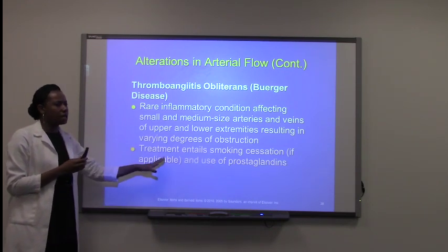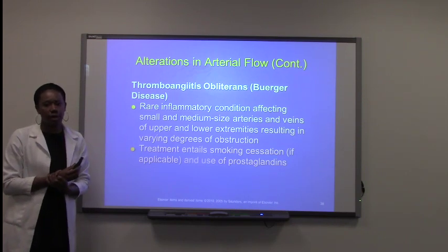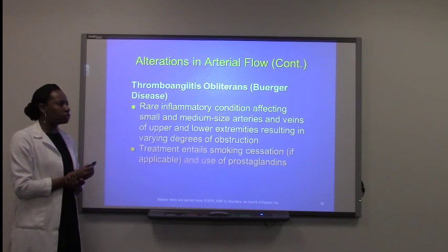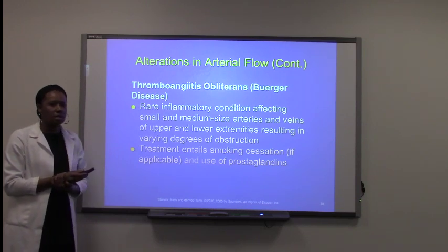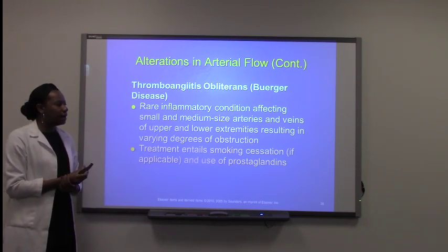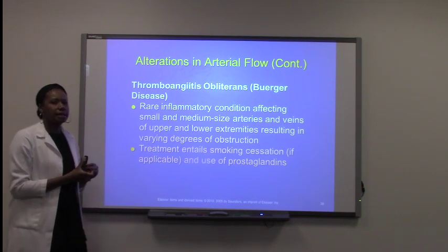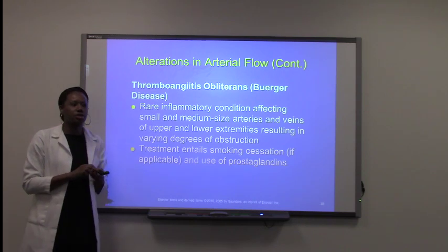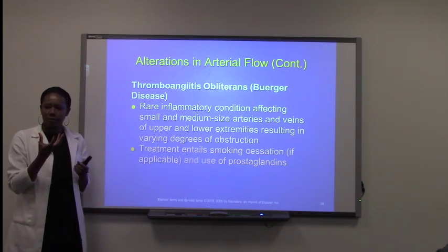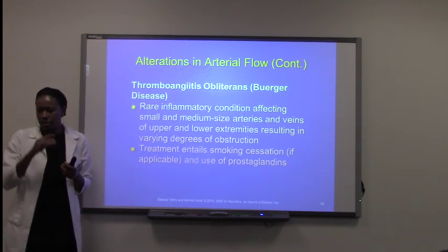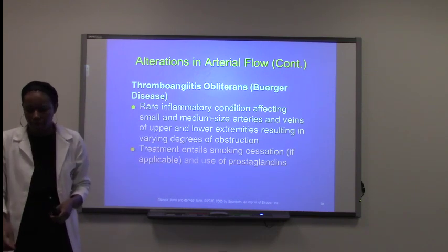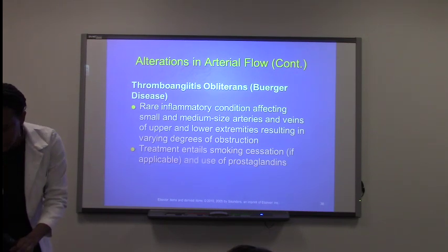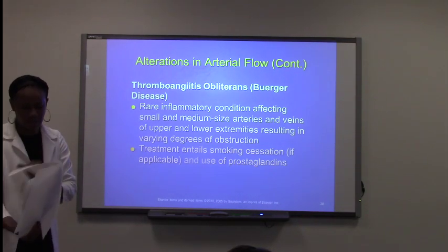Now, please understand, smoking is a risk factor for Buerger's disease. Please make sure you know that, which is why one of the treatment measures is telling these patients to stop smoking. They will also give them prostaglandins as a treatment, and what the prostaglandins will do is sort of open up the blood vessels and increase that blood flow, and reduce that inflammation.